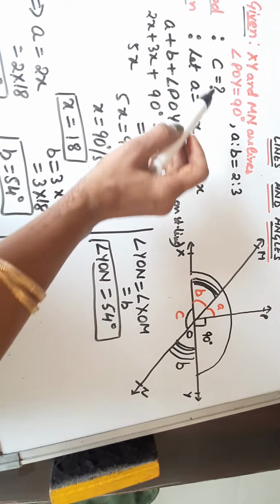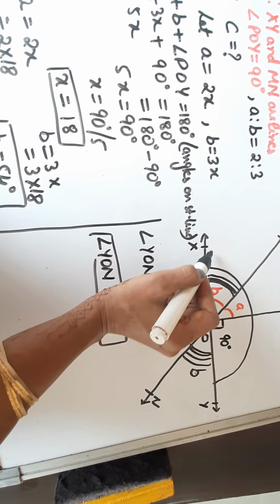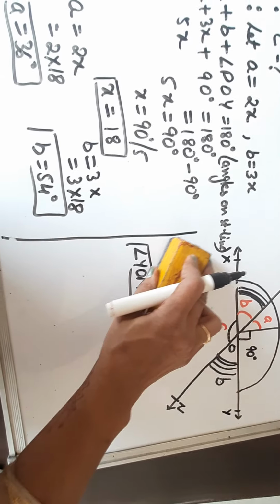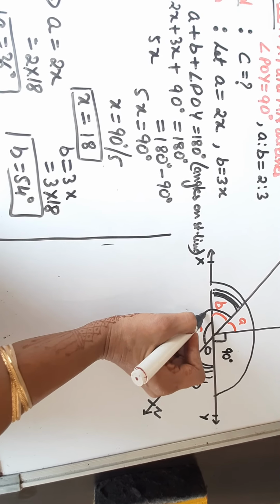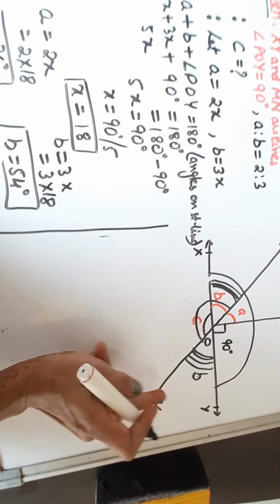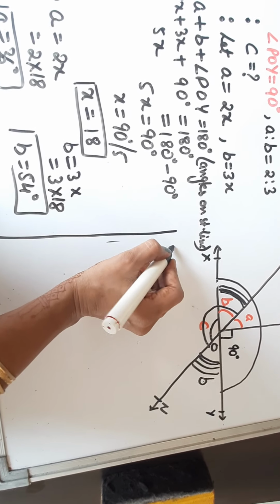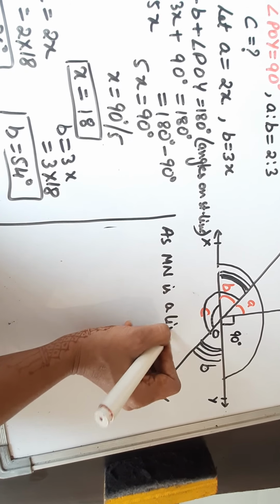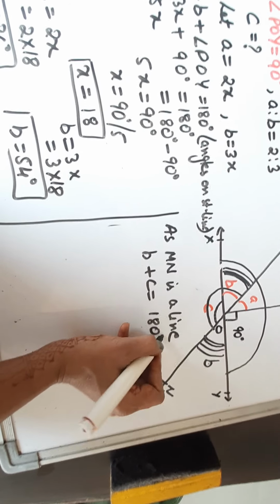And now the target is angle C. Now again, if we look at B and C, they are formed on a straight line. Even if we did not do the previous step, it would have worked. How? Because from here also B and C again form a linear pair. Because MN is a line, so we can take B plus C is equal to 180 degrees by the axiom.